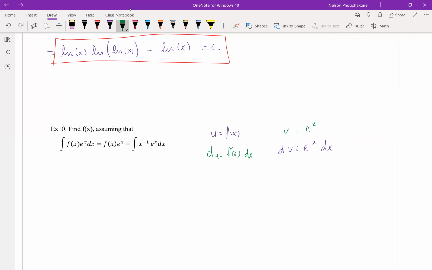Now, if I do it this way, then we will have uv, so I will have f of x e to the x minus the integral of v du.